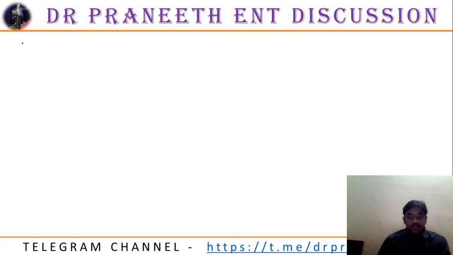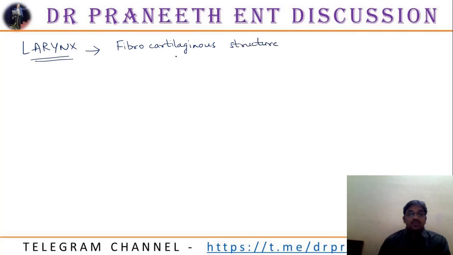Larynx is famously called the voice box because it has vocal cords which produce voice. Basically, this larynx is a fibrocartilaginous structure. What is fibrocartilaginous? It means it has various cartilages.